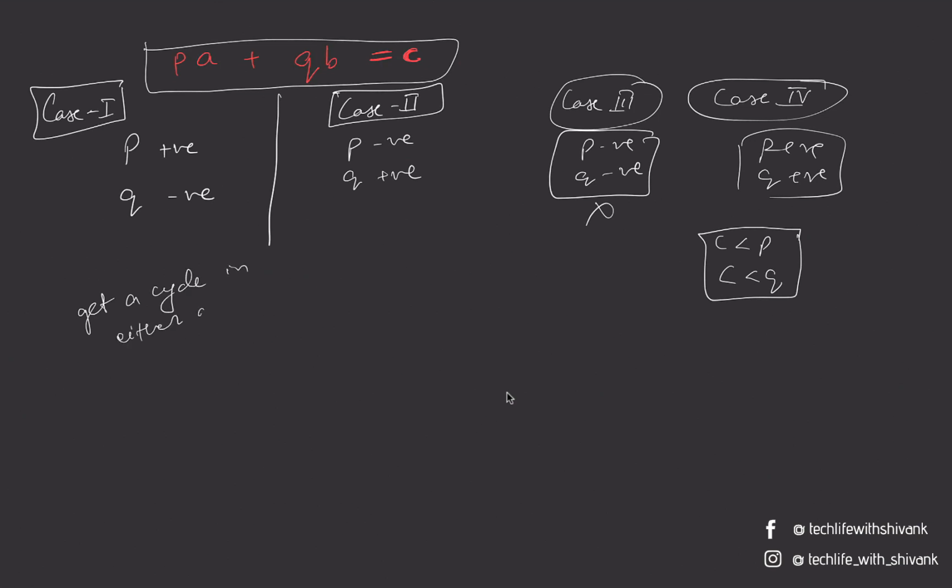And what I mean by cycle is that we started from a state x, y, and we followed the strategy of pouring into one and emptying from the other, and we again reached the state x, y. It means we have reached the original state where we started from, and there's no use repeating that. And if we get the cycle, we return -1, which shows that we can never reach C.